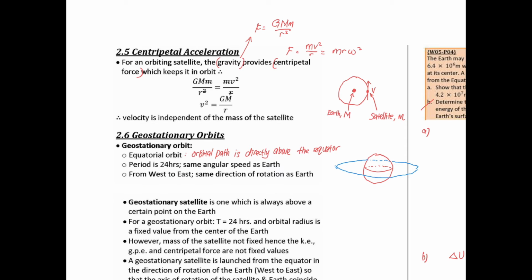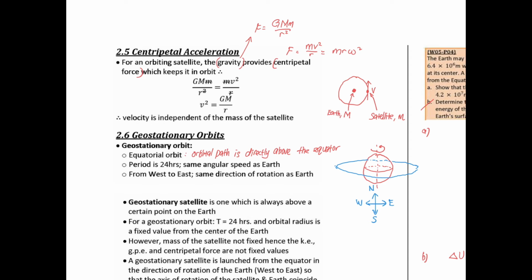Let's draw it up. This is our compass: north, east, west, and south. From west to east means the Earth is spinning this way. Let's say I draw the axis here. It's spinning this way.